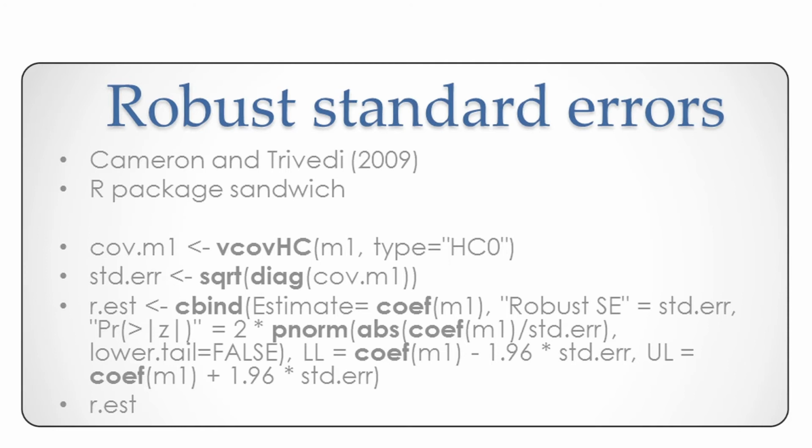So r.est reports as before the estimate, which is unchanged, the robust standard error, the probability, which is of course changed because the standard error is changed, and the lower confidence interval as well as the upper confidence interval. It is a good exercise for you to compare the standard errors using the robust method to those obtained using the inverse information method given on the previous slide.